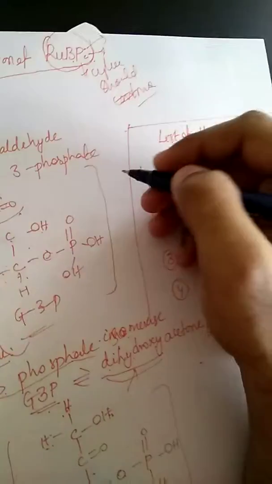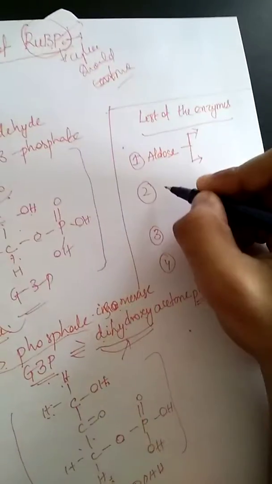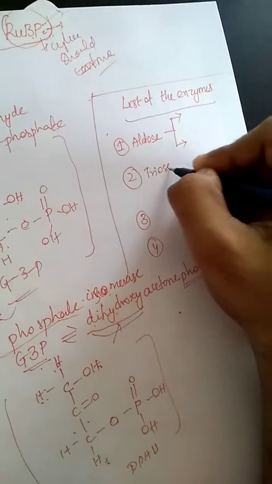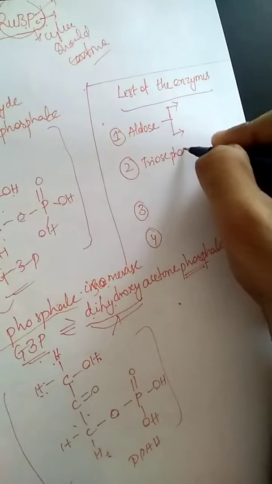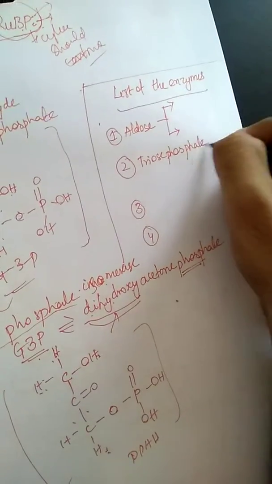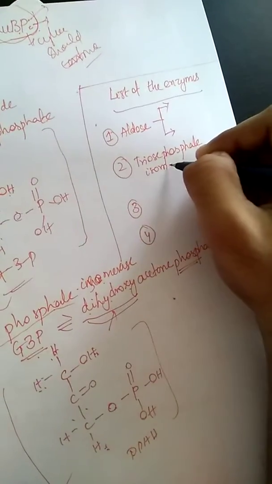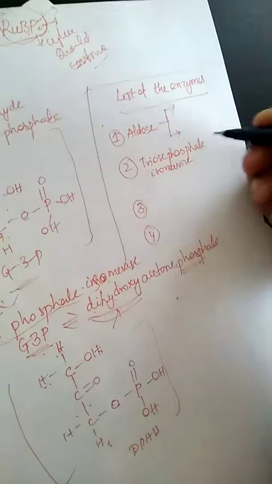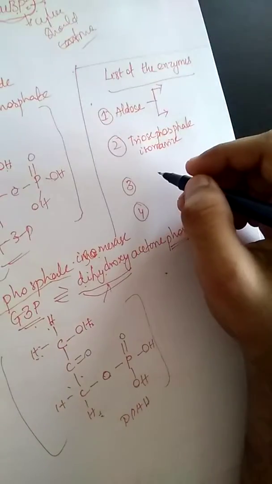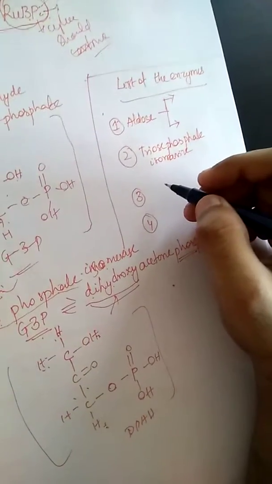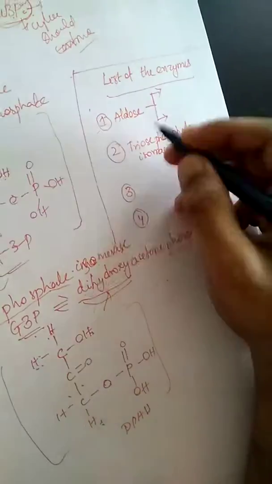The first enzyme used was triose phosphate isomerase. This is an isomerase enzyme, and there's also another isomerase enzyme we used somewhere. I don't remember that, but let me write down all the enzymes.